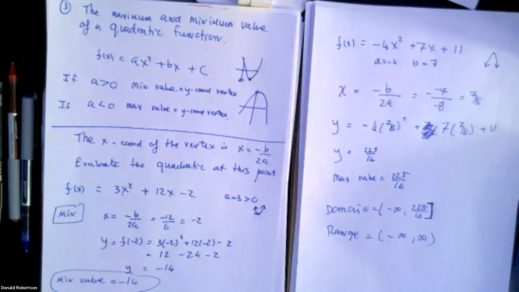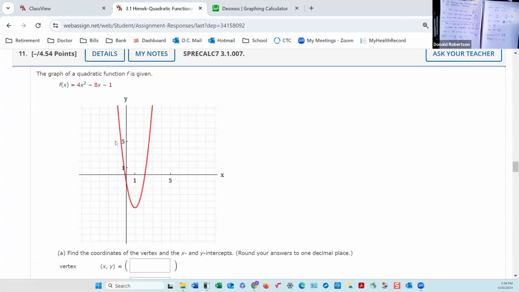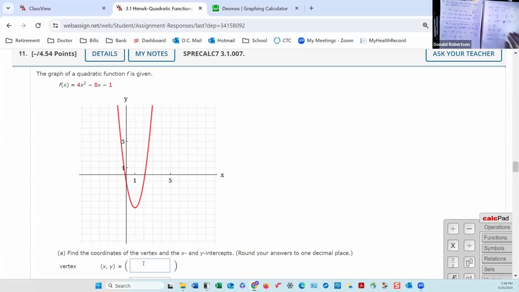Slightly different question. Let me show you this homework question. So we've covered all the possibilities. They've given you the quadratic, so you're basically just going to read off the answer. So that's 1, 2, 3, 5. So that's 1, negative 5.